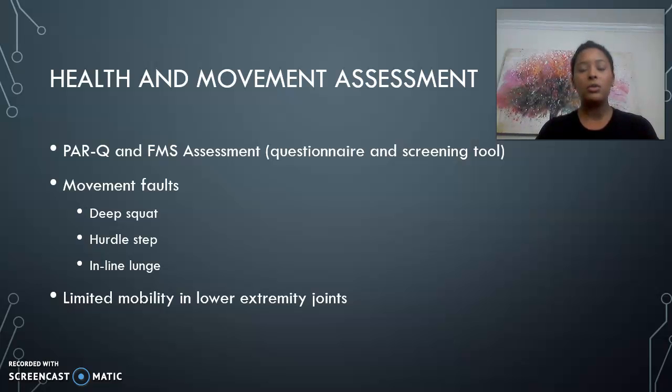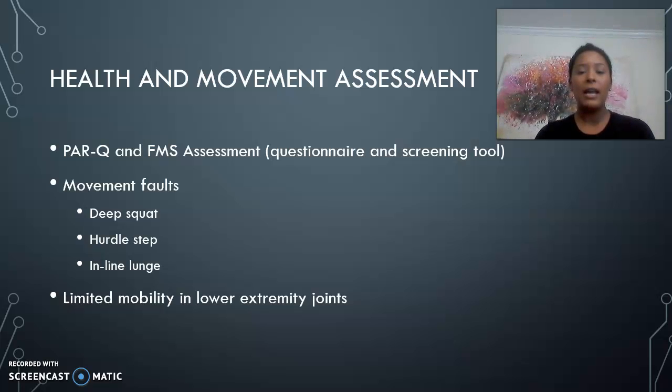Most of the movement faults he had were pertaining to his lower extremities, and that was due to limited mobility. He had limited mobility in his hips and his knees, and that caused him to overcompensate in another area, and he wasn't able to perform the exercises using the proper technique.